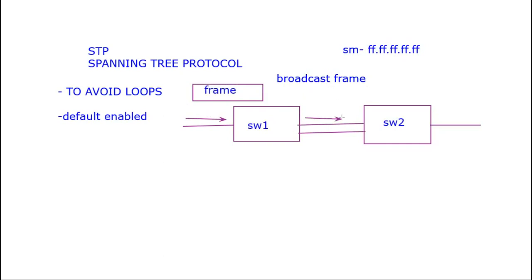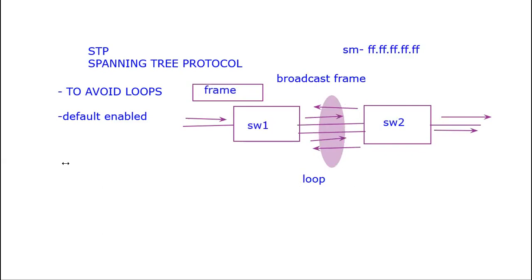The switch will forward it out all other ports. Similarly, when switch 2 receives the frame, the one that it received from the upper port will be forwarded out on this port and this port. Similarly, the one received from the lower port will be forwarded to this port and this port. So this right here in between the switches, this is a loop, because the frame will keep on revolving between the switches because of the redundant links. So this is how a loop is generated.